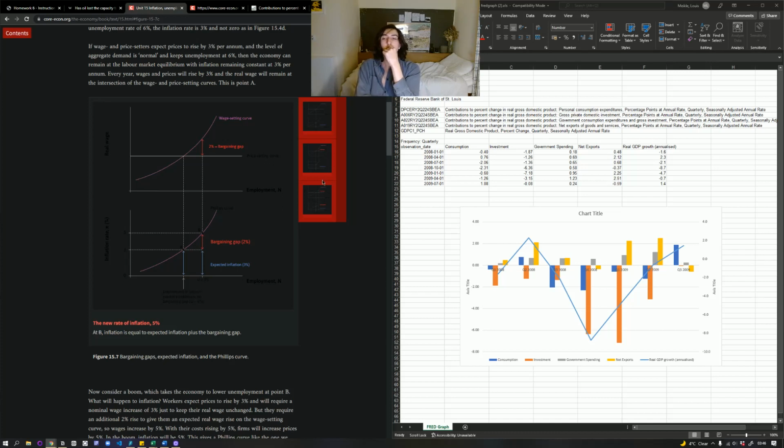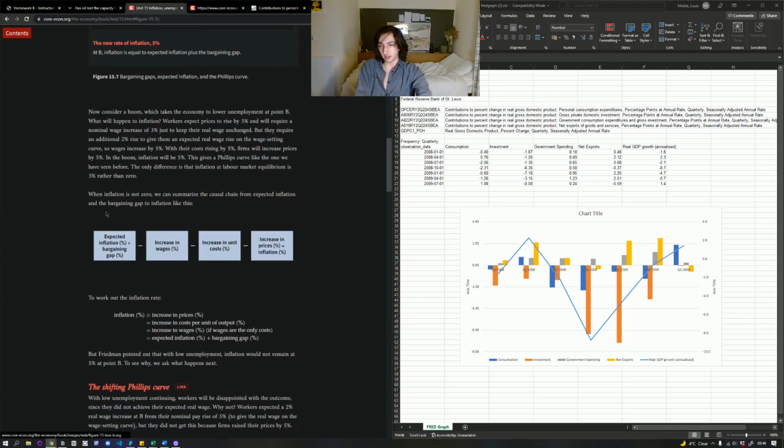Now, if there is a 0 expected inflation, essentially, then it sort of maintains that we're not going to see too much inflation in the future. So you can see sort of the sequence of events here. An increase in expected inflation corresponds with an increase in wages, which corresponds subsequently with an increase in unit costs and then an increase in prices.